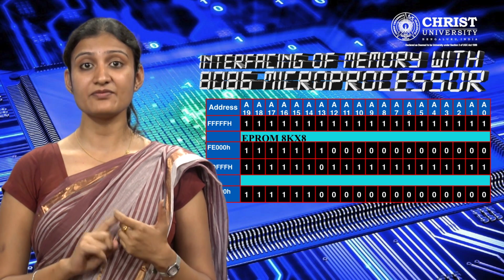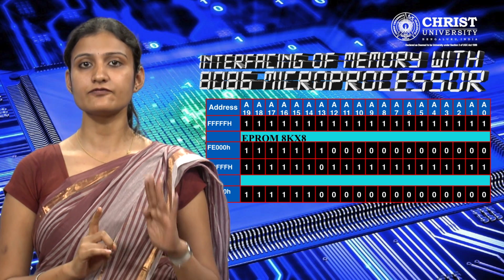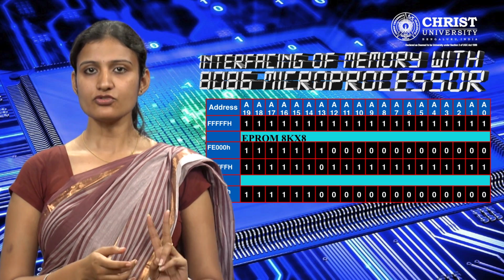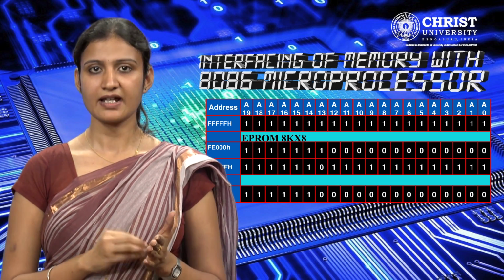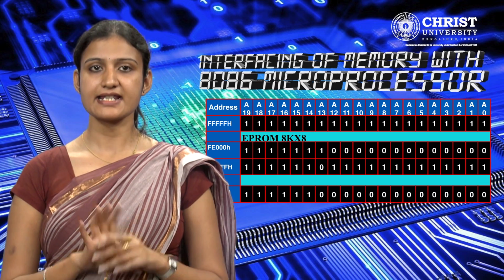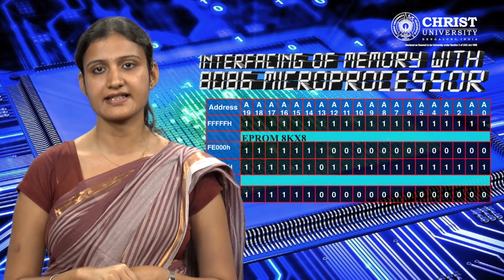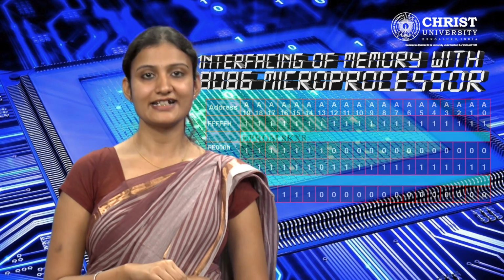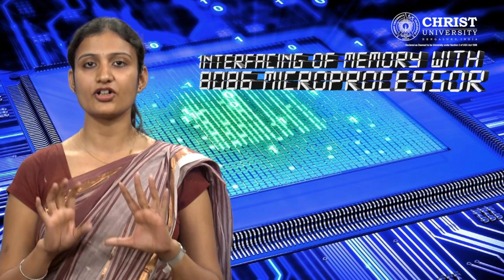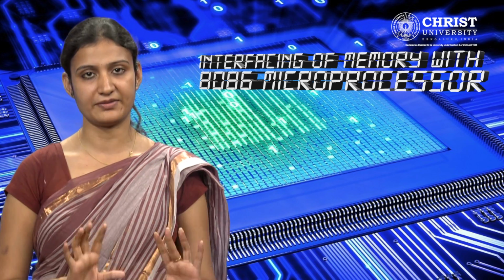In the example we took here, four 4K x 8 memory chips are available. Two 4K x 8 RAM and two ROM chips are arranged in parallel to obtain a data bus width of 16 bits. Now, we will understand how the microprocessor accesses the even and odd banks of memory.